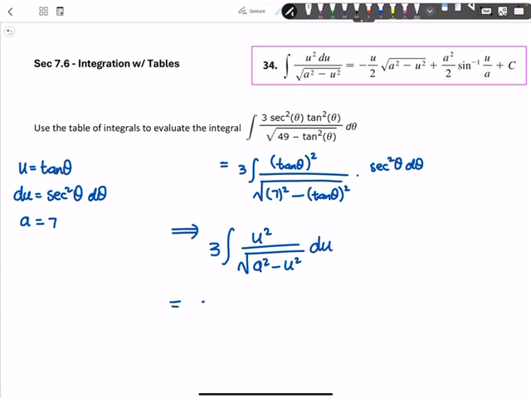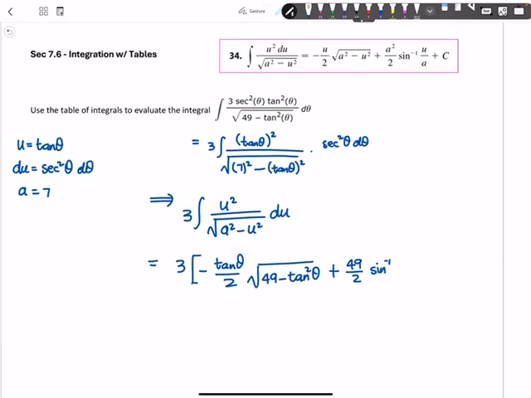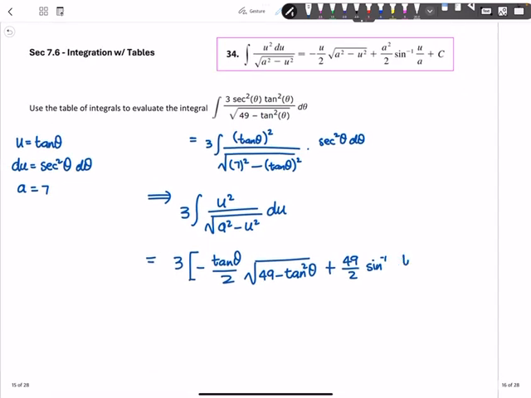So this integral will be equal to 3 times negative tangent of theta over 2 times the square root of 49 minus tangent squared of theta plus 49 over 2 times sine inverse of tangent of theta divided by 7.